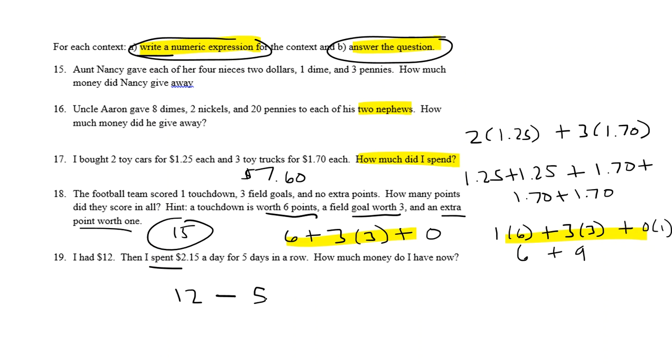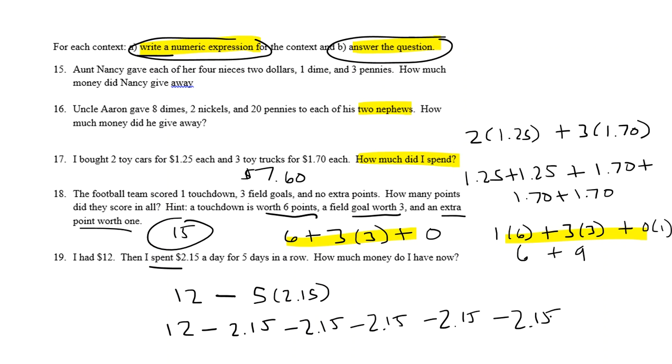So for 5 days in a row, you spent $2.15. So that's one way to write the math. Another way would be to do 12 minus 2.15 minus 2.15 minus 2.15 minus 2.15 minus 2.15 for 5 days in a row. Okay, and then when you do the math for this, it ends up being $1.25 that you have left.